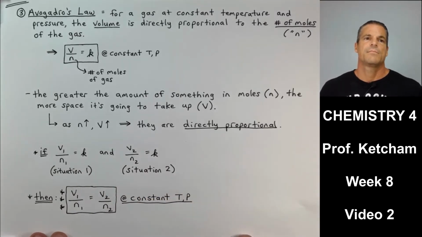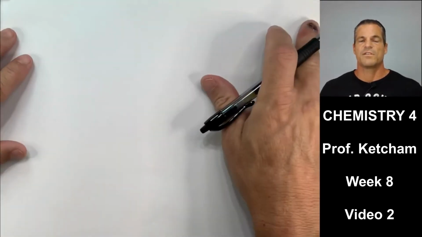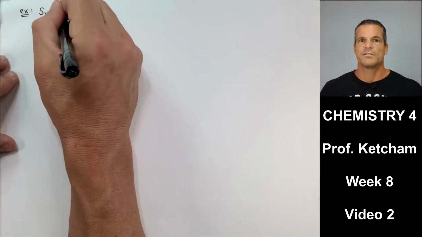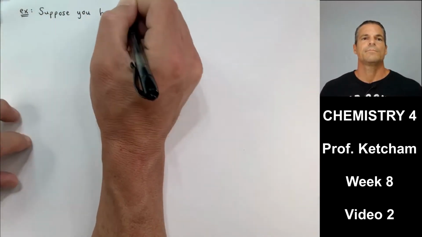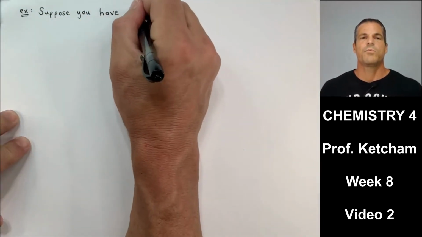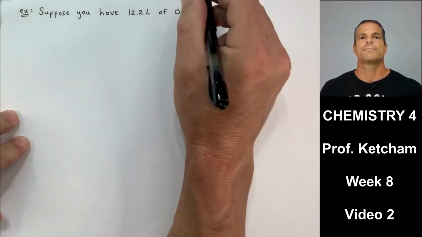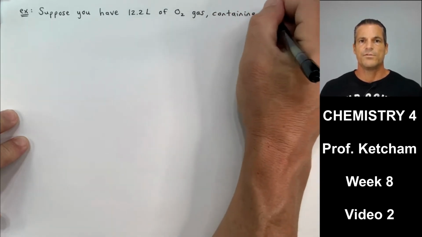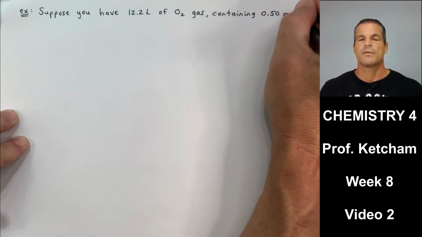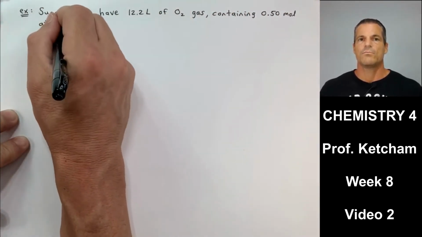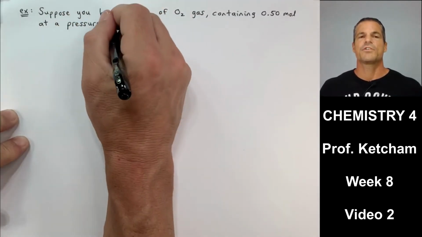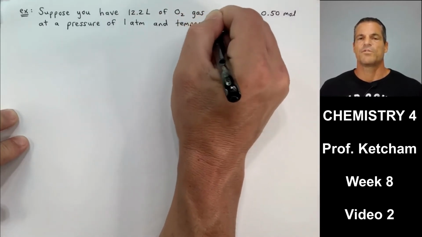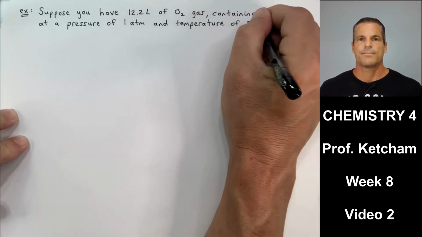Next page of our notes, what we're going to do after this example is summarize the 3 laws. But first, let's do an example. Suppose you have 12.2 liters of O2 gas, containing 0.50 moles at a pressure of 1 atm and the temperature of 25 degrees Celsius.